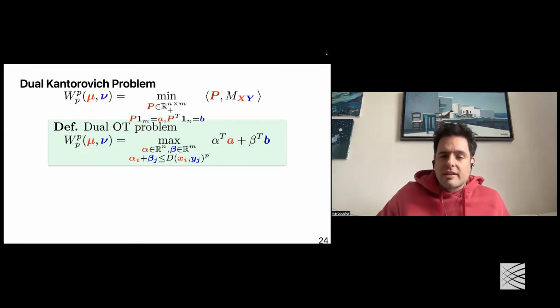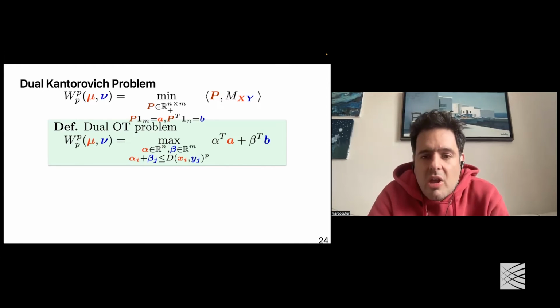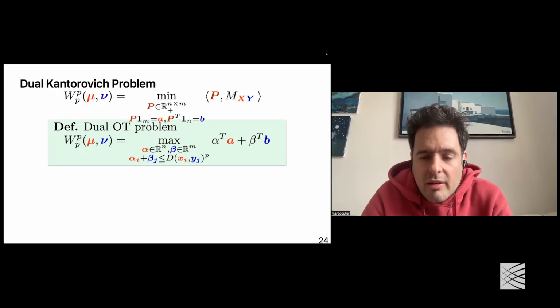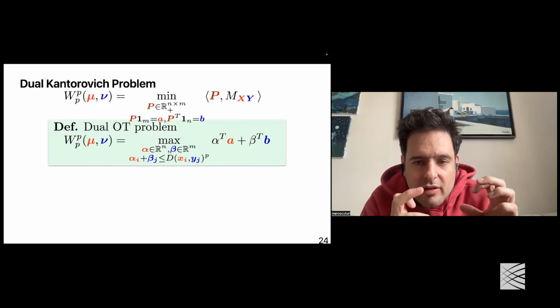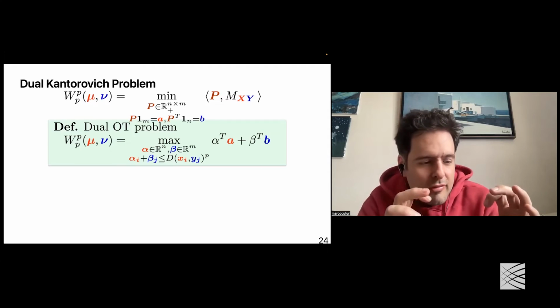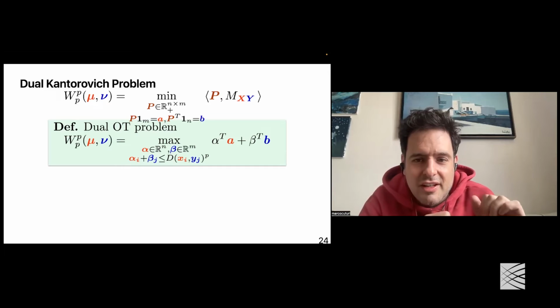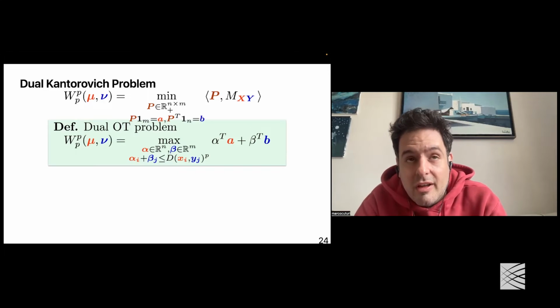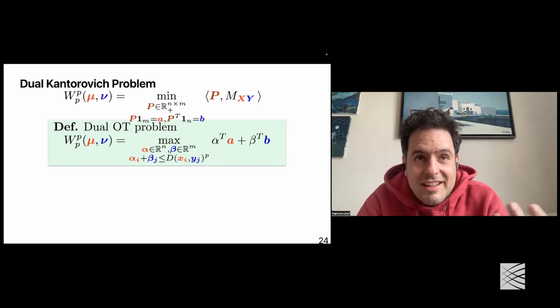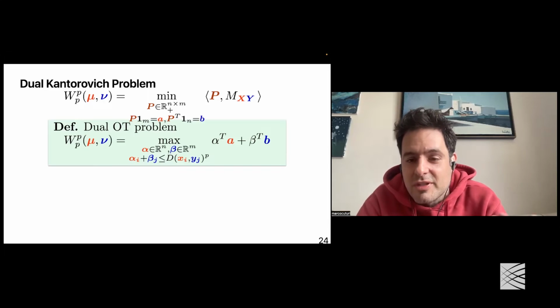So why do I call these prices? Well, it's essentially because this is going to describe the optimal transport in a different way. Rather than focusing on the procedure of sending things from i to j, we're going to focus on the pricing of sending those goods from the first measure to the second measure.